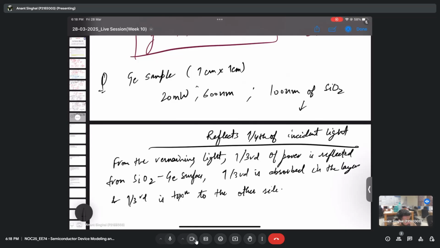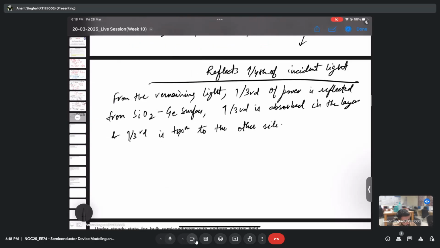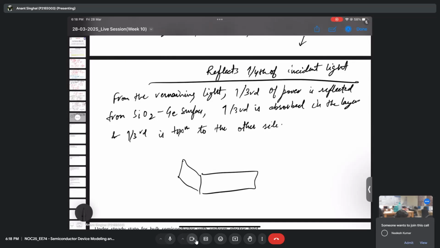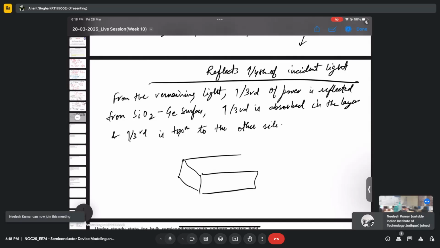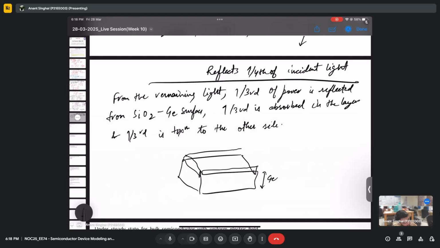Let me repeat. We have SiO2 and a germanium sample. Let me try to make a diagram. I have this germanium, then one more material which is SiO2.